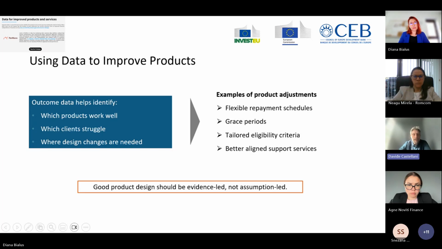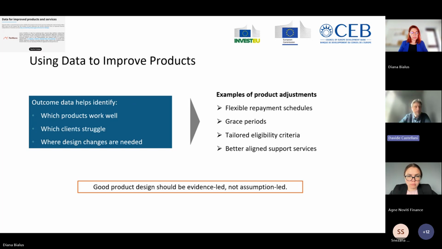Then you can engage with a few clients for deeper insights, to understand the structural barriers that they face that products may not currently address. So even satisfaction surveys where they say I'm not happy with the duration of the loan, I'm not happy with the size of the loan, I'm not happy with the frequency of payments, I'm not happy with the fact that the product is not flexible, and when I have lower cash flows, there is no way to have some grace period or whatever.